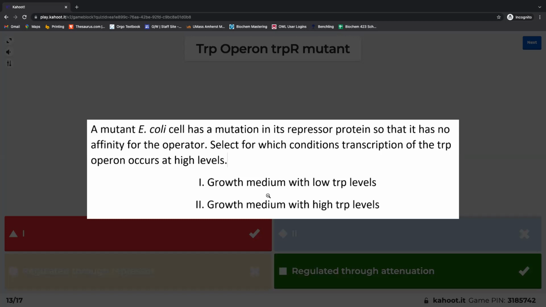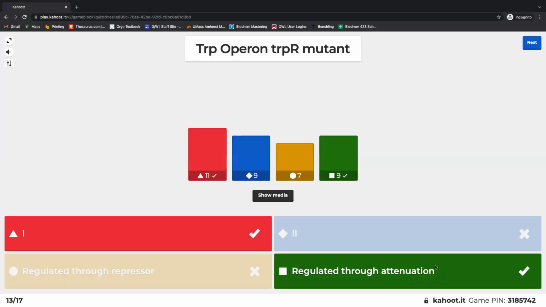And so when you have those high trp tRNA levels, you're still going to get attenuation. So even if one system fails, there's a second system. That's why there's a redundancy. Right, so it's only going to be in low, medium, and what is the regulation? It's primarily through attenuation because the repressor does not work, which we looked up.